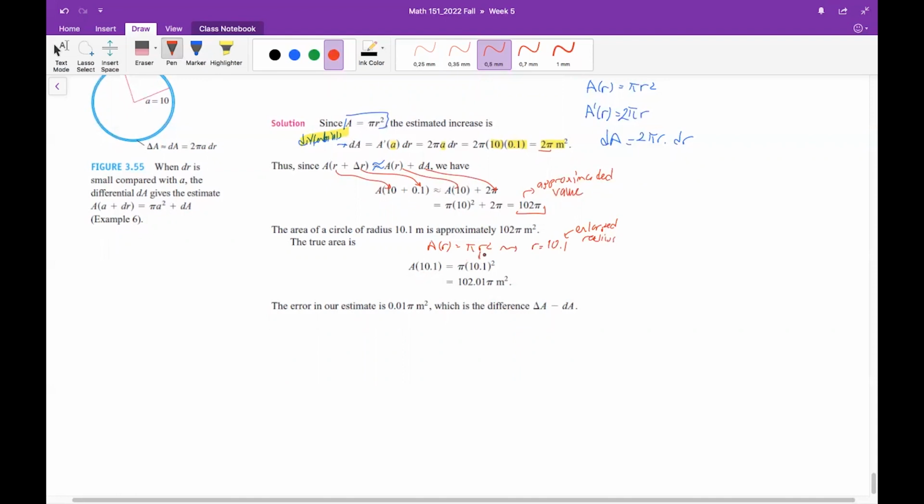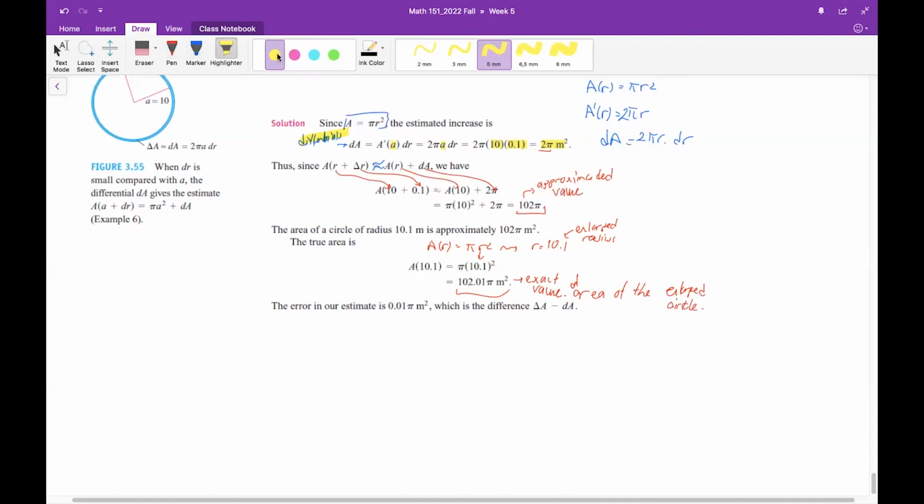If you insert the radius as this new value, you will find the result as this. And what is this? This is the exact value of the area of the enlarged circle.